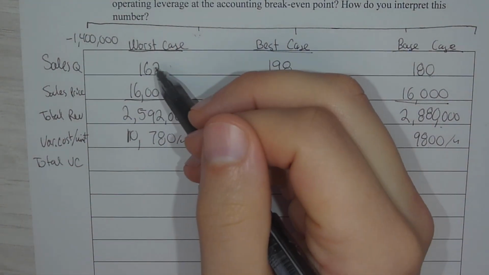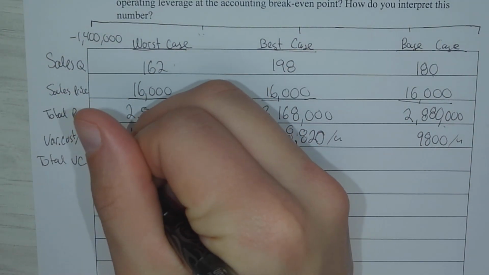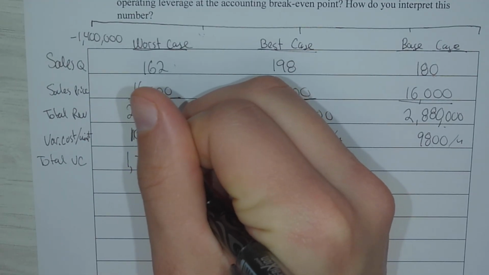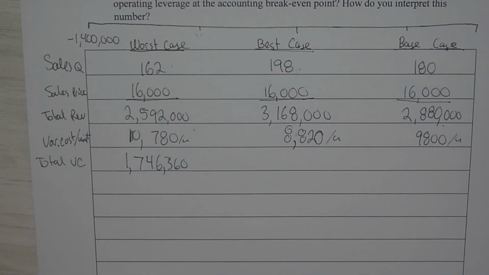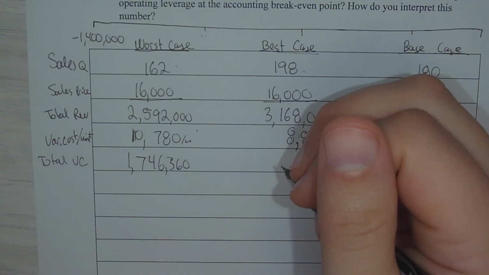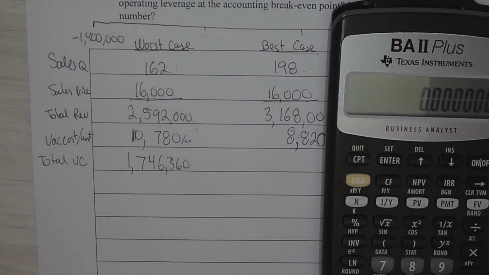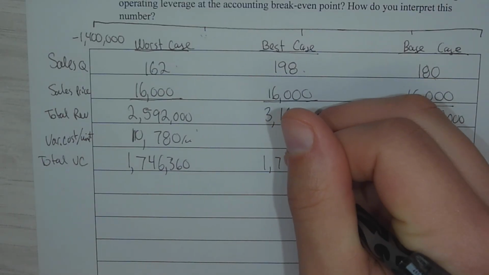So for 162 sales at 10,780, we have 1,746,360. 198 times 8,820 is also 1,746,360.